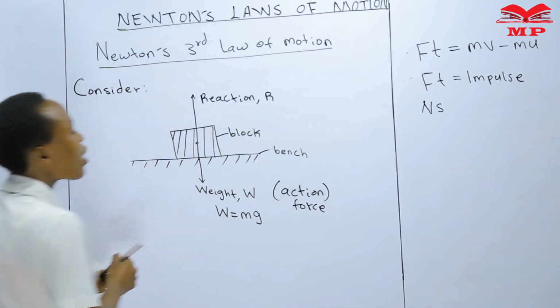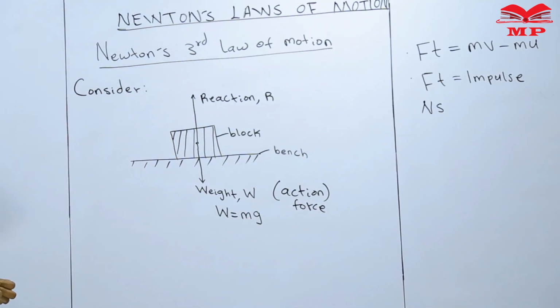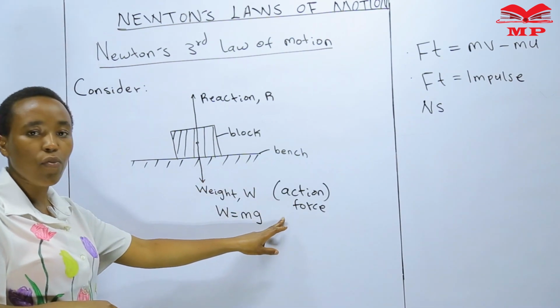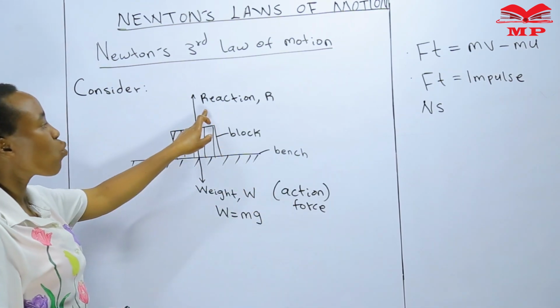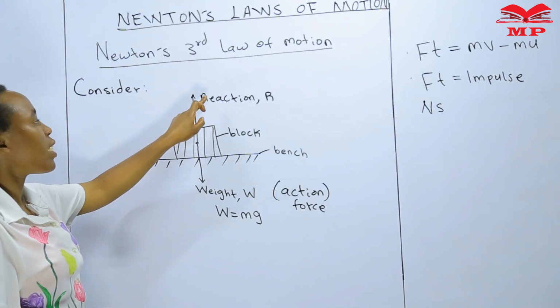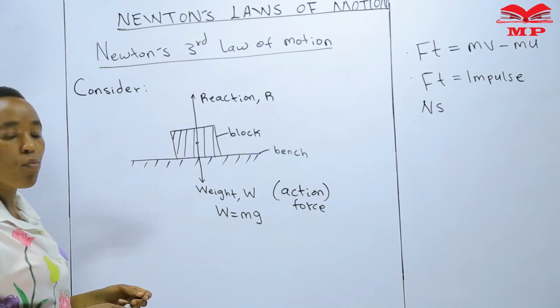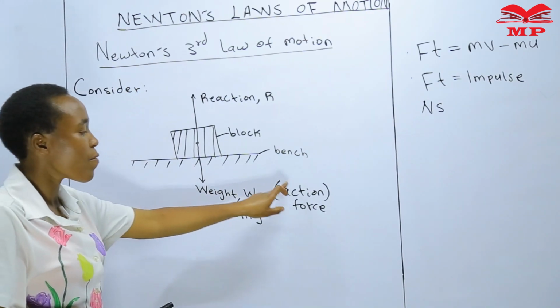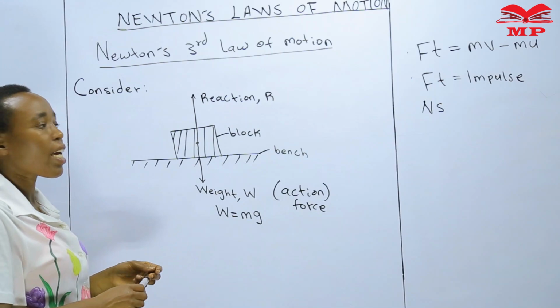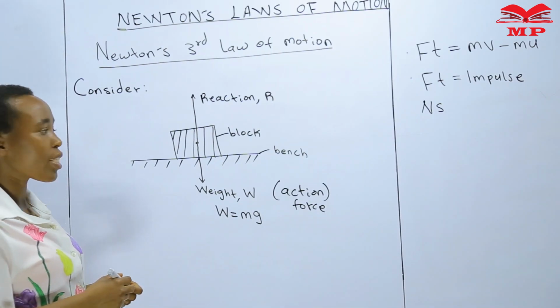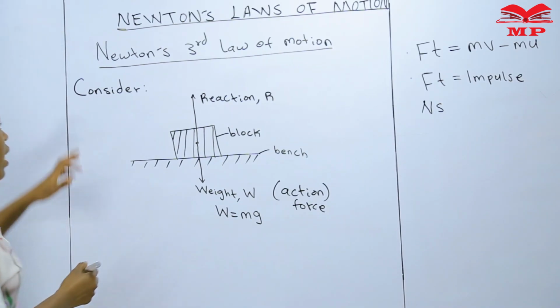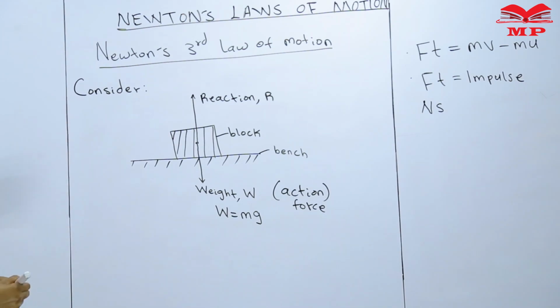Therefore, whenever there is an action force, there is an equal and opposite reaction force. So Newton's third law of motion says that for every action, there is an equal and opposite reaction.